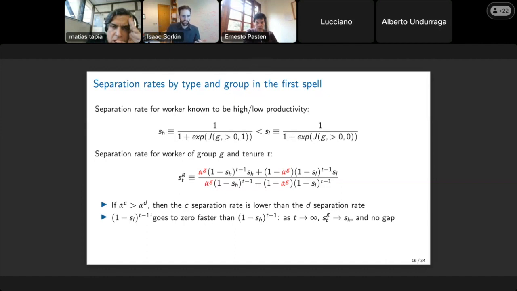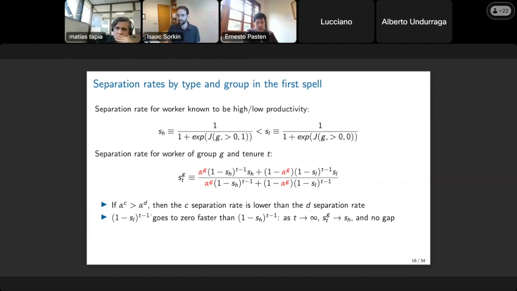Because 1 minus SL goes to 0 faster than 1 minus SH raised to a power as tenure grows, the group separation rates converge to just the high type separation rate. Even if you start with group differences in the distribution of unobservables, at high enough tenure you converge on there being no separation gaps.